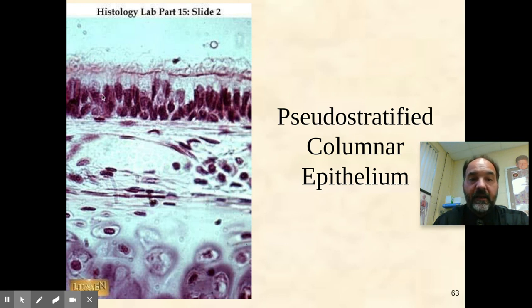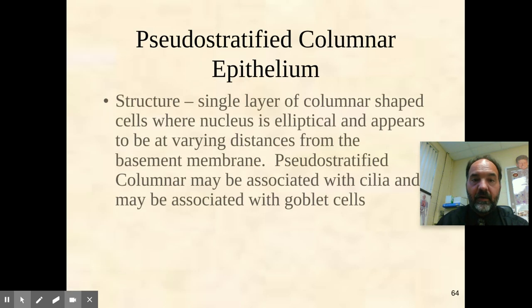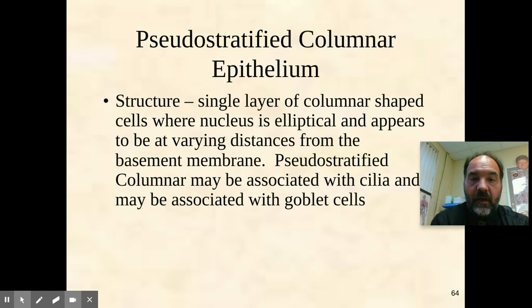And if you see an arrangement of nuclei like this, irregularly shaped nuclei stacked on top of each other, that's the best way to tell pseudostratified columnar epithelium. Okay, it is a single layer of column-shaped cells. Nuclei are kind of elliptical or almost irregular. And that appearance of varying distances from the basement membrane is what gives the pseudostratified columnar their name.